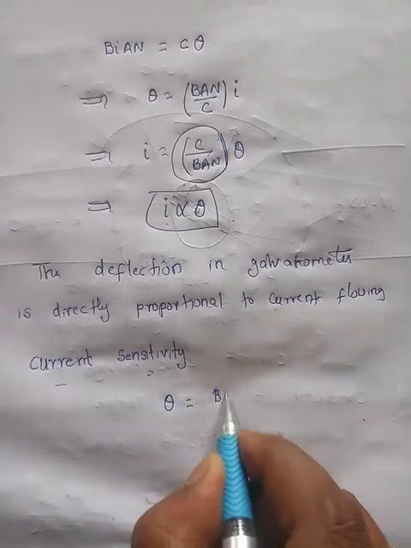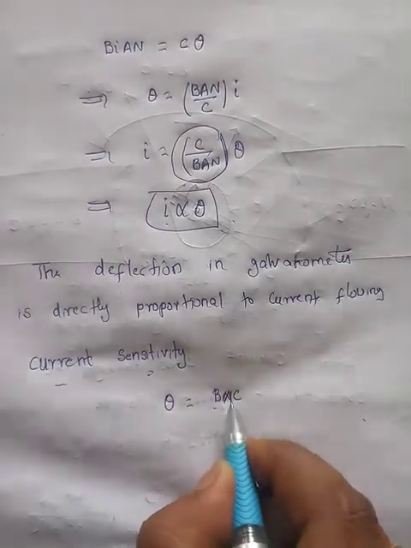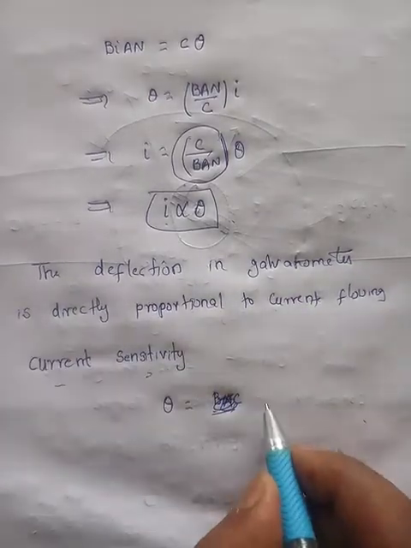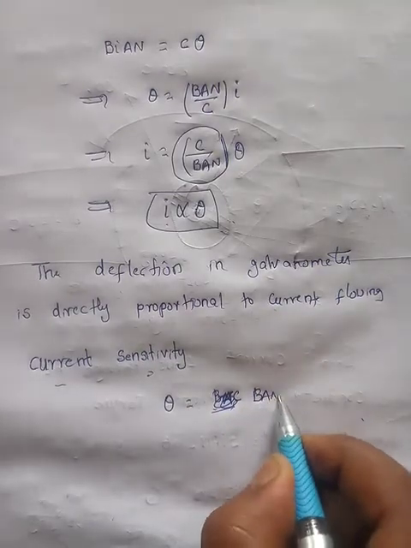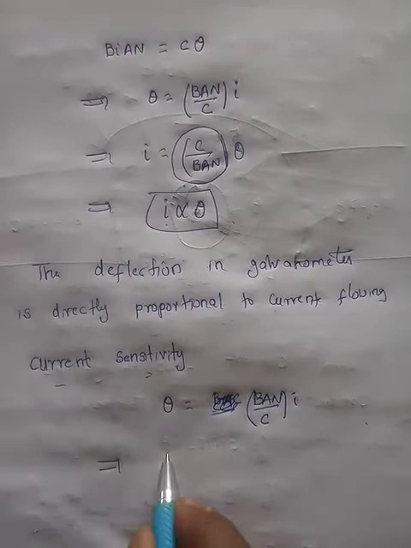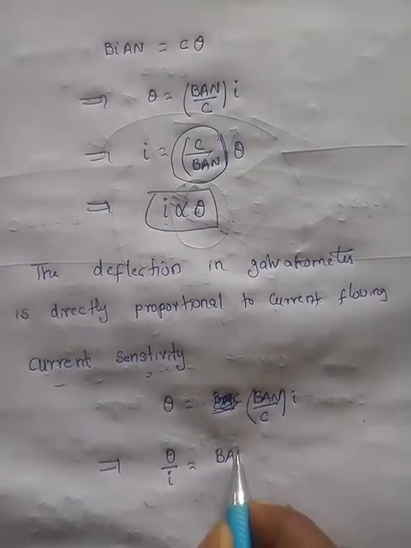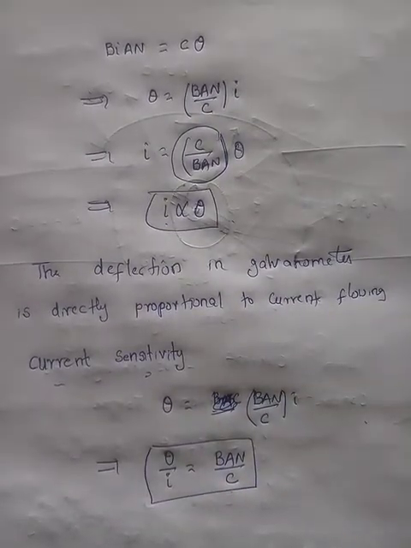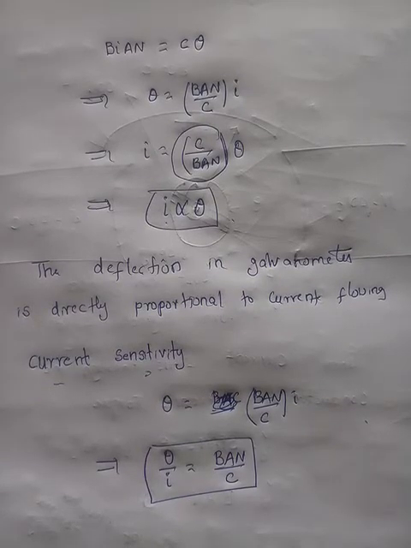Theta equals BAN by C into I. That implies theta by I equals BAN by C. That is called current sensitivity.